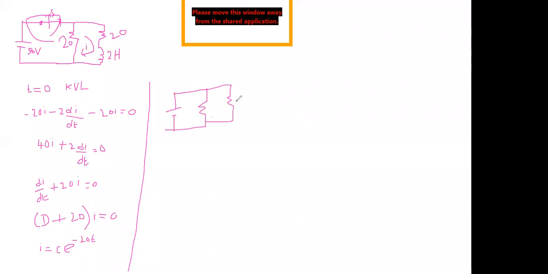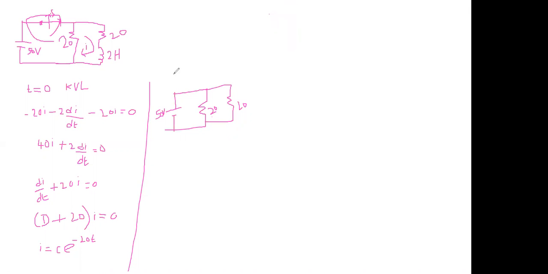The inductor acts as a short circuit, so its value is 0 and we can eliminate it. 20 here, 20 here, 20, then this is 50 volts. When the switch is closed, the inductor acts as a short circuit.